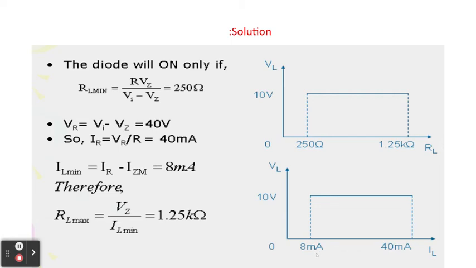And in terms of the current, we calculated the IL min is 8 milliamperes, and the IL max, which will be the IR, is equal to 40 milliamperes here. So as you can see, this is how we calculated the values for the required minimum and maximum ranges of the load resistor and the load current range.